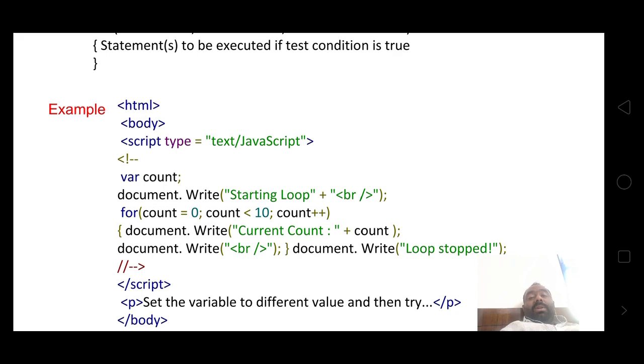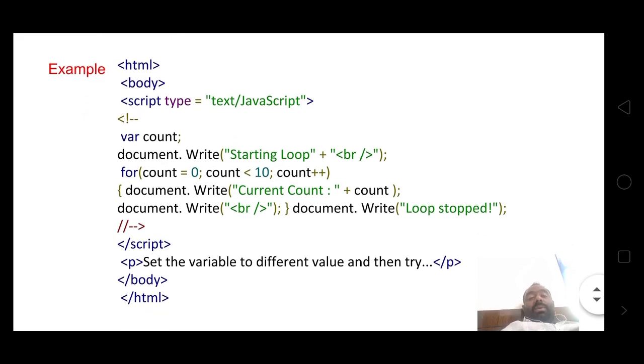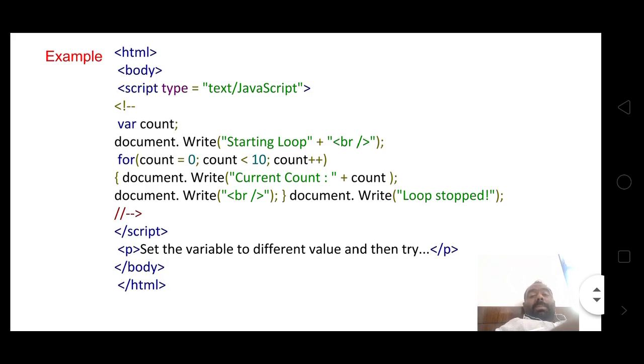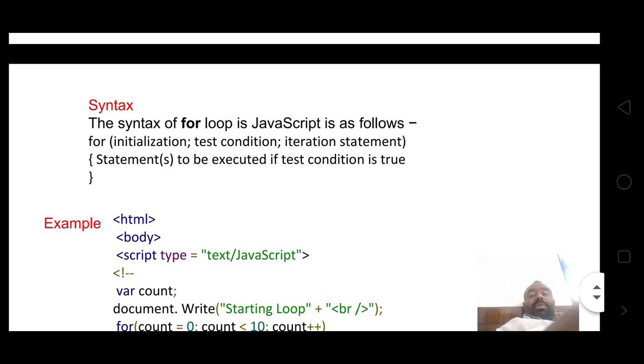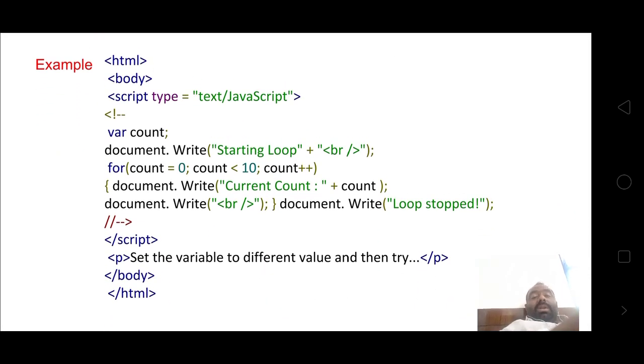Here HTML, body, script type text/javascript. Here count, document.write starting loop, for (count = 0; count < 10; count++). Here count = 0 is the initialization, count less than 10 is the test condition, and count++ or increment is the iteration statement.